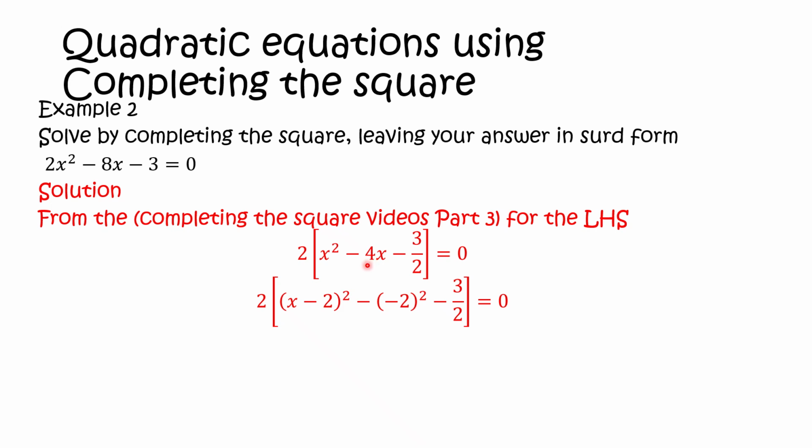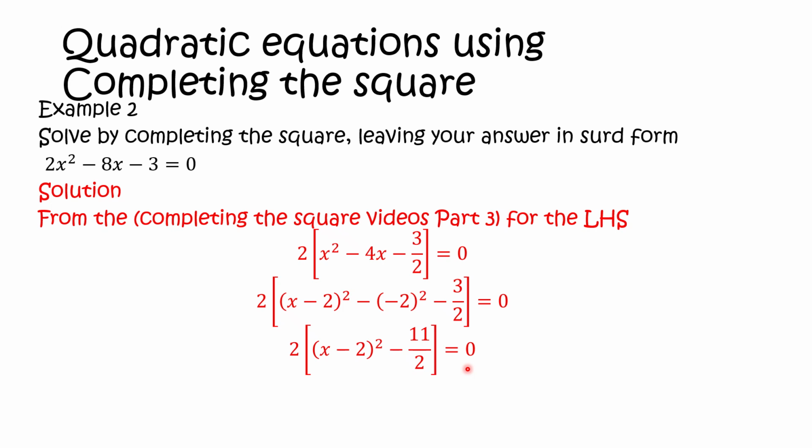Remember, we take half of the coefficient of x, that is what we have in the first parenthesis, and subtract the square of it. Then we also consider the constant term, minus 3/2. So with that, simplifying further, we are going to get 2 times (x minus 2) squared minus 11/2.